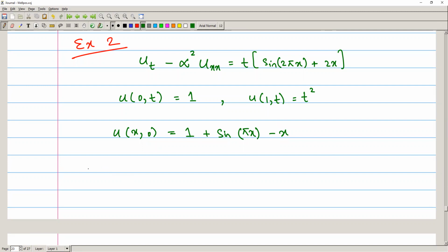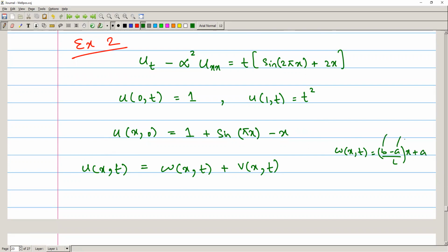Now we know that the solution for this problem will be given by u of x comma t is equal to w of x comma t plus v of x comma t. We didn't work for this w of x comma t in the previous example because there the boundary conditions were 0, 0, and we know that w of x comma t is equal to b minus a over l times x plus a.